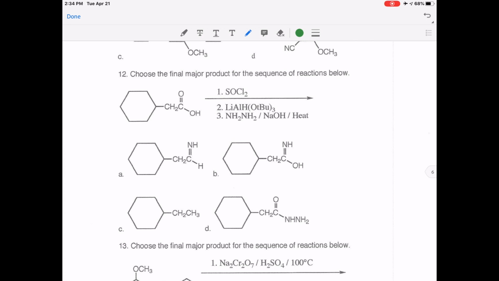When you add thionyl chloride to a carboxylic acid, the OH group essentially leaves and you're left with an acid chloride.